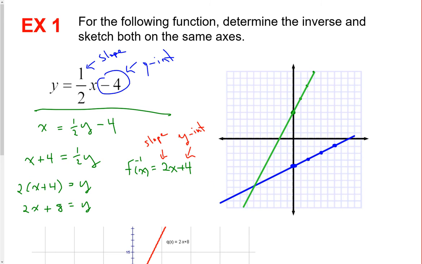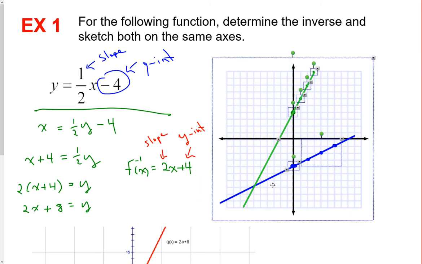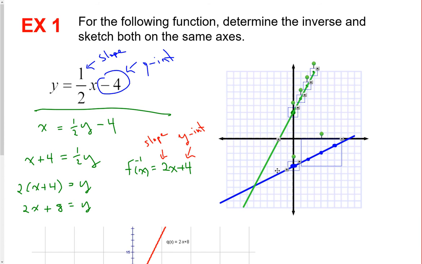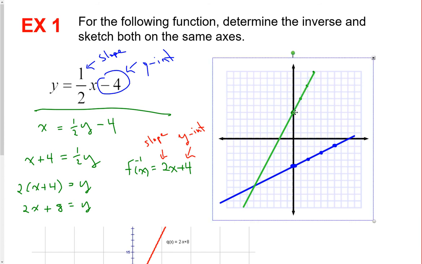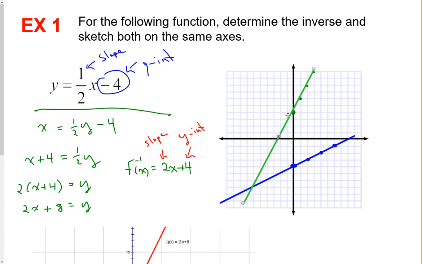Okay, so our slope is fine, so we don't need to change that. All we need to do is shift it up a little bit. So let's grab my line, and I'll shift this up to 4, 5, 6, 7, 8, right there. Awesome.